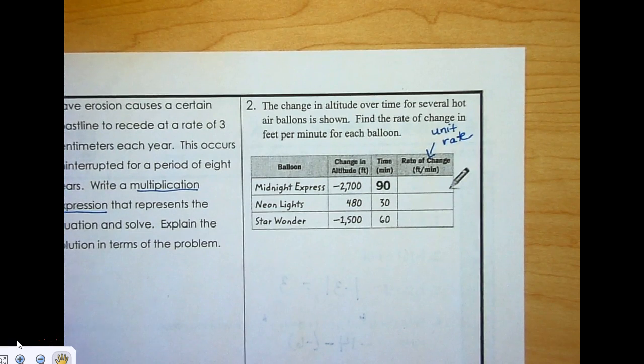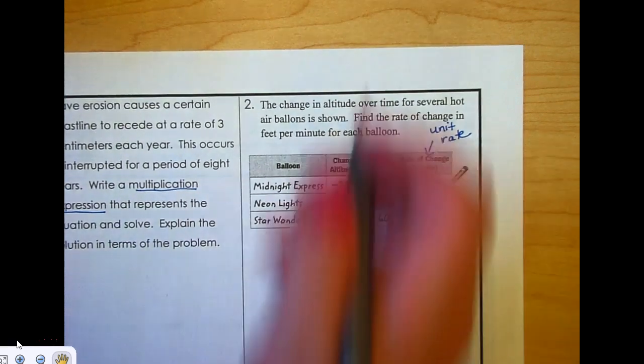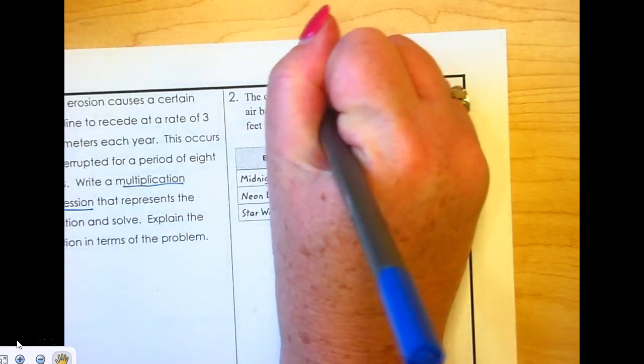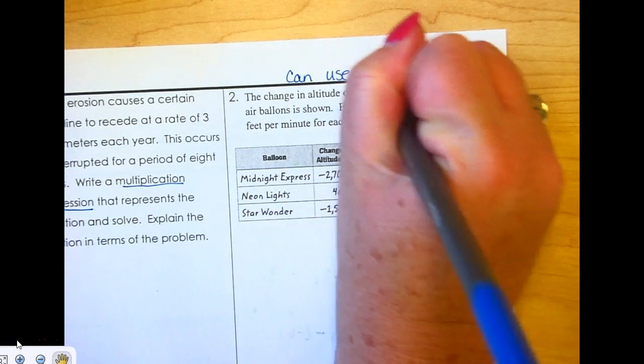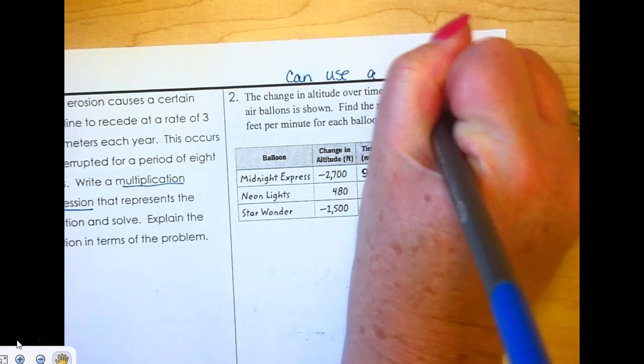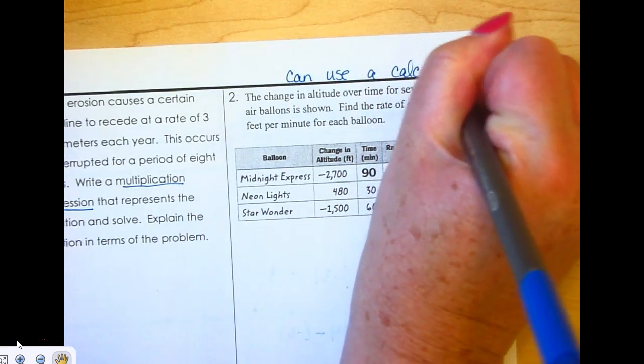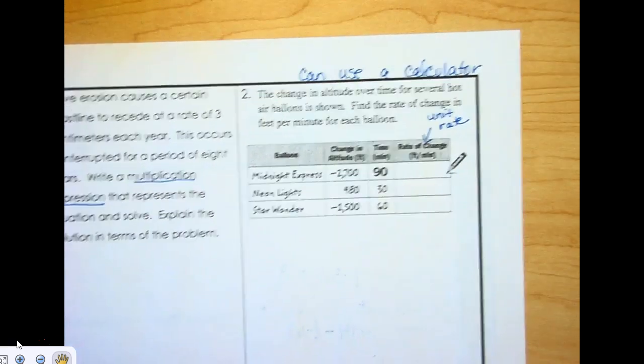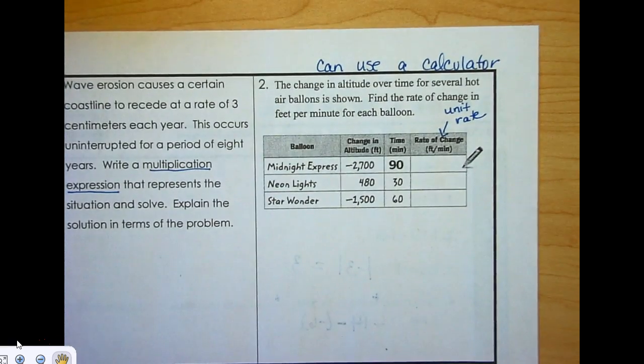Those all three things mean the same thing. So you want to know how many feet per 1 minute. You have to find the unit rate. You can use a calculator on that. You should probably have that written on your paper.